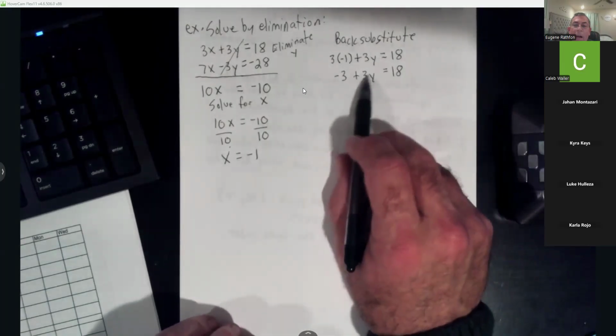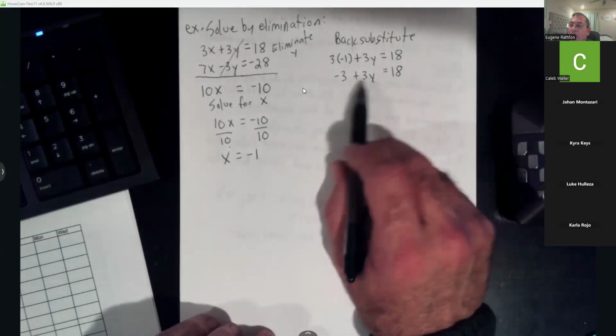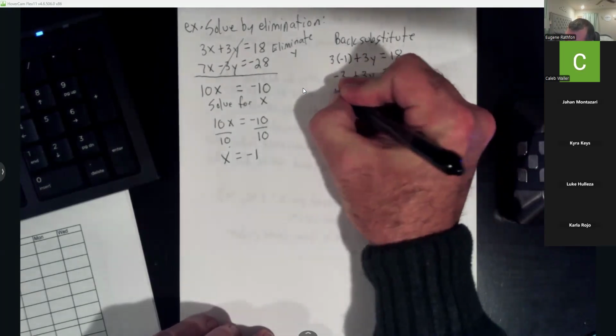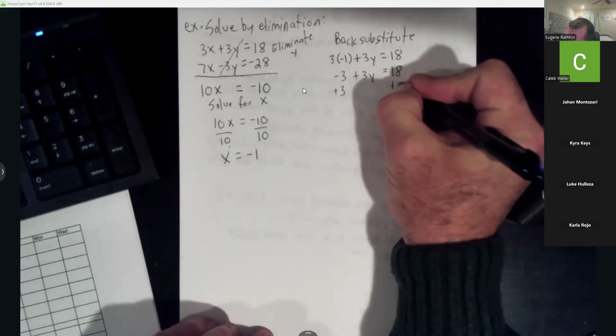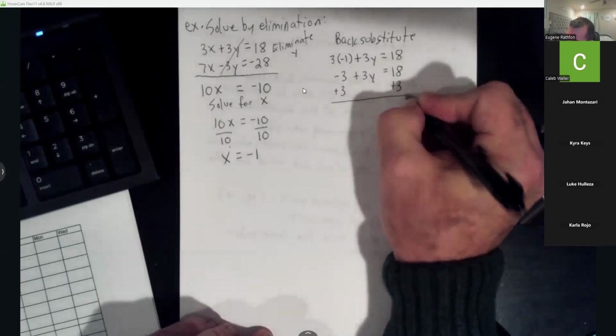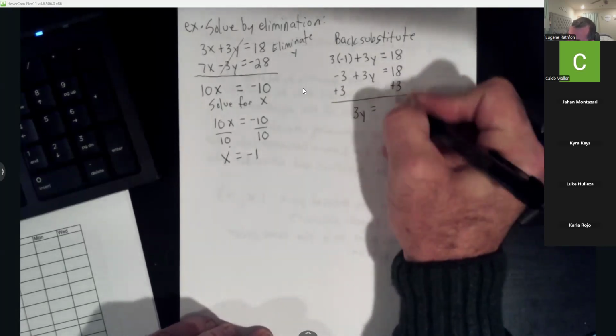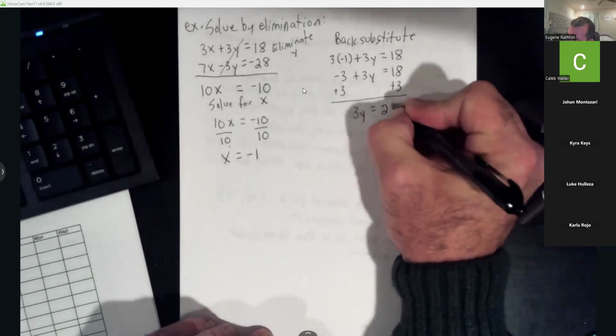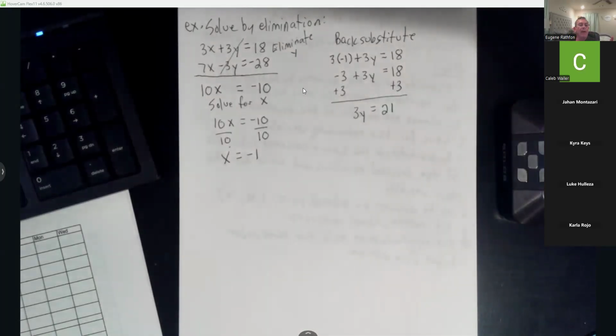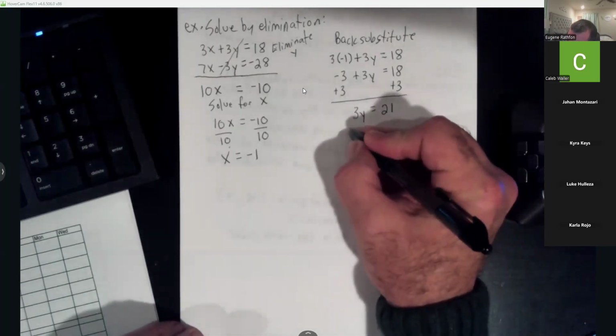All righty, y'all. So let's get this 3y by itself. So we'll add 3 to both sides. So those will cancel. I bring down that 3y. 18 plus 3, 21. And our final step, solve for y.